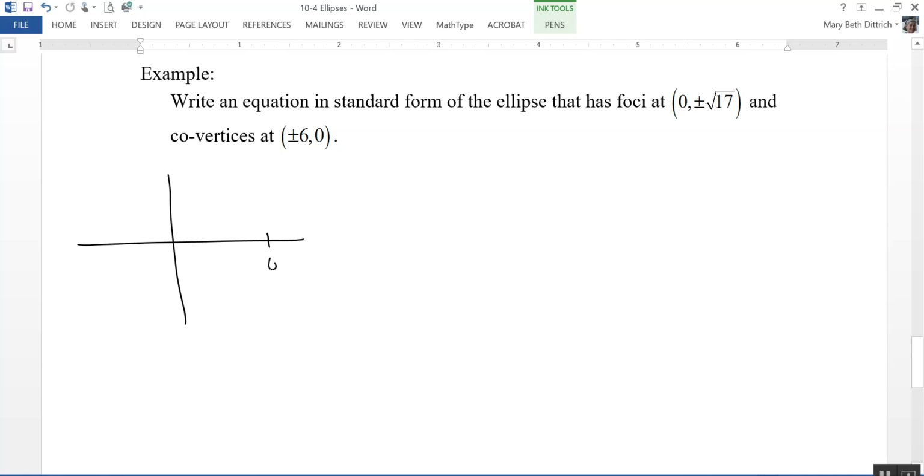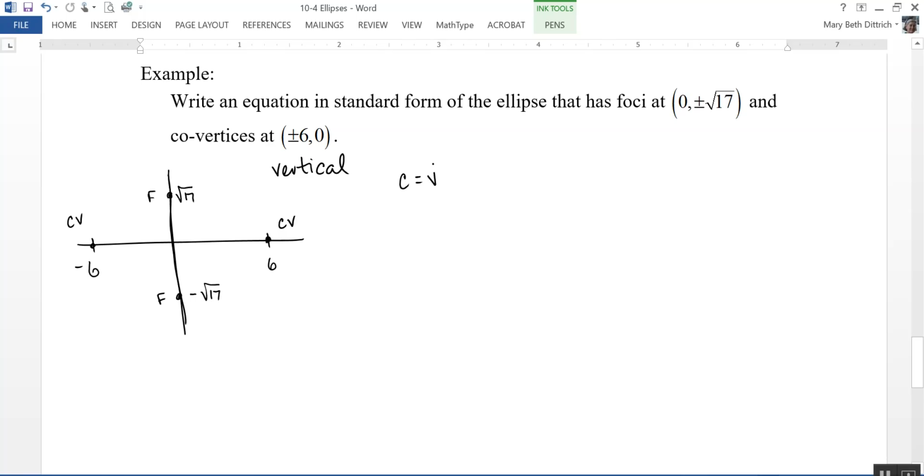So I have a co-vertex here, I'll label that CV, and I have a co-vertex here, and then my foci are going to be up here at square root of 17, and down here at negative square root of 17. So that means the y-axis is going to be my major axis, so this ellipse is going to be vertical.